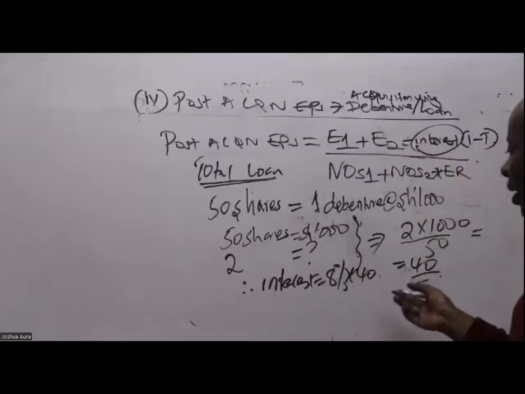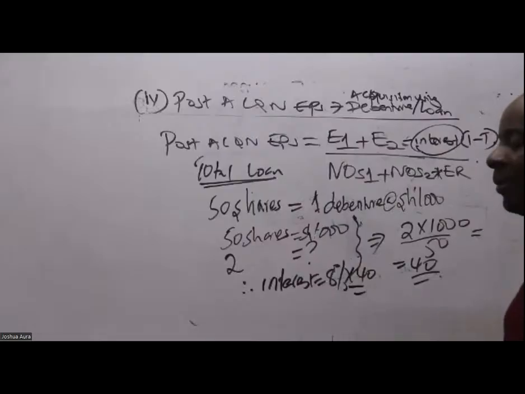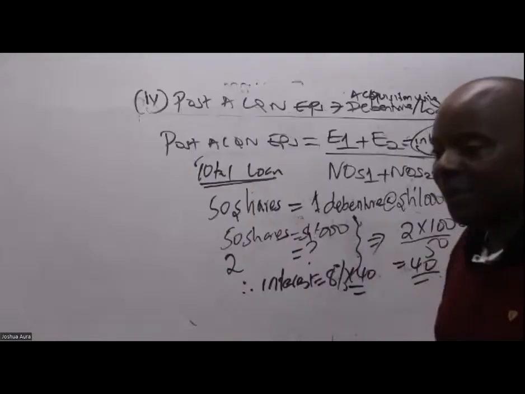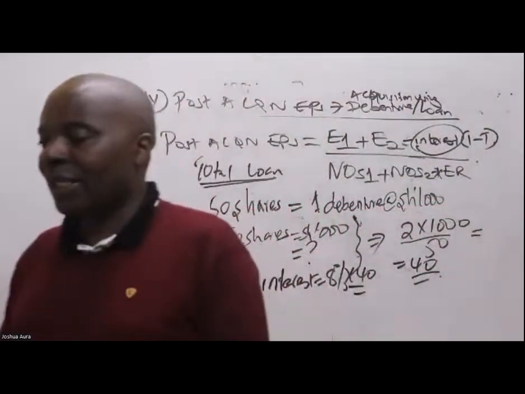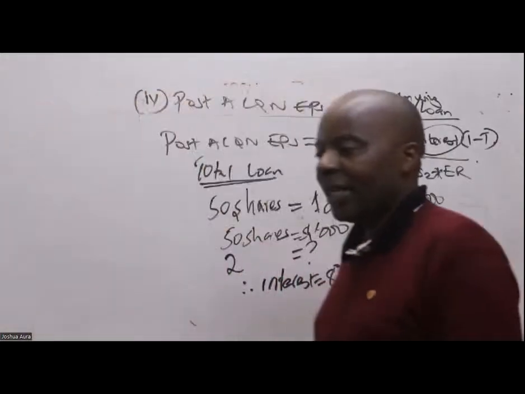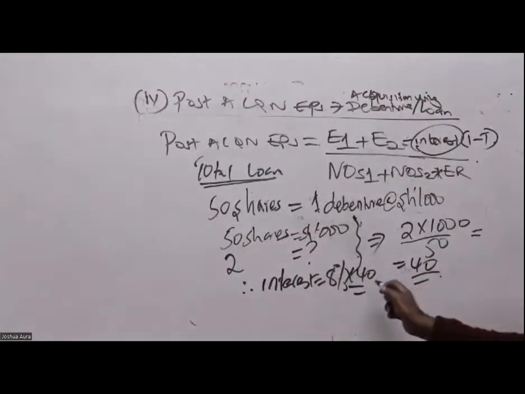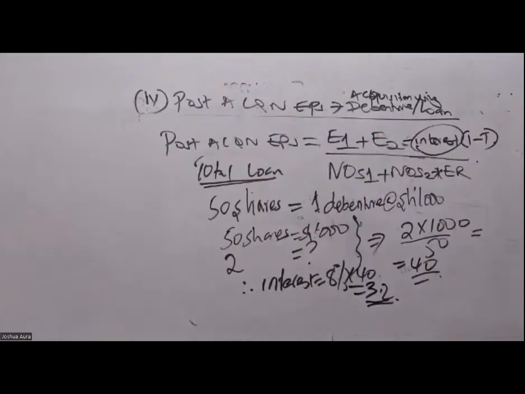So it is 8% of 40, which gives 3.2. So that is the interest payable.